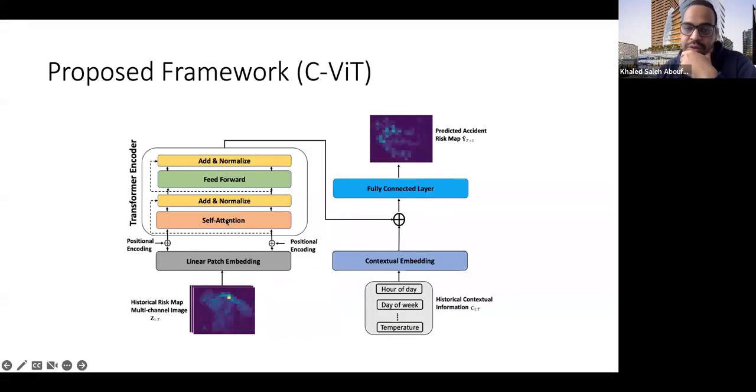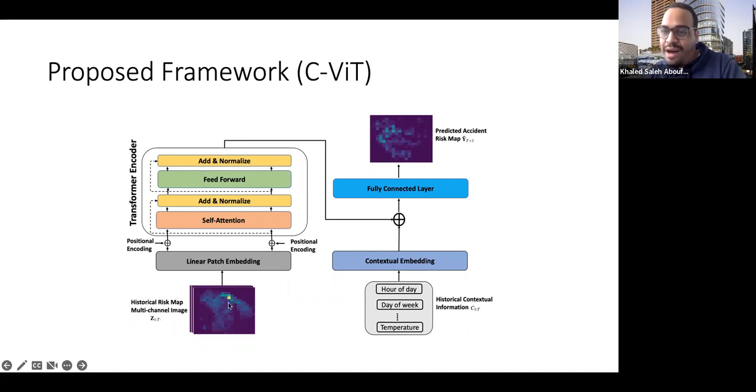The second part, which is here, is the transformer encoder. This is essentially similar to the traditional vision transformer, whose main component is the self-attention mechanism layer along with a number of feed-forward layers. The self-attention makes the encoder focus more on the areas in the input that have more valuable information. For instance, here we can see a risk map for a specific region over the past 7 days, and there are some hot areas.